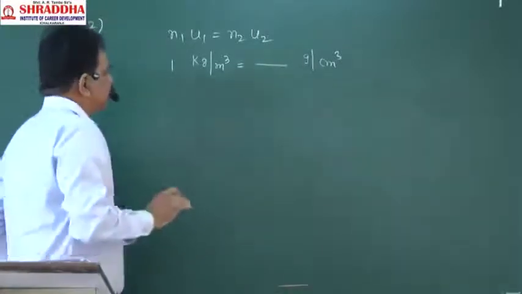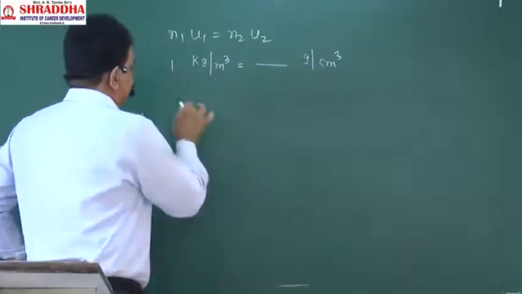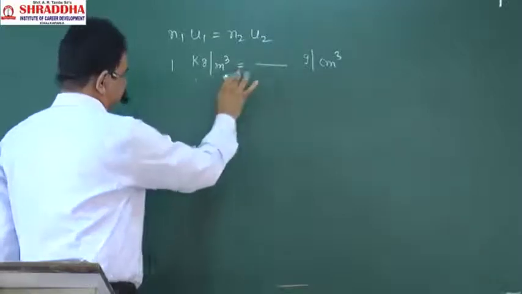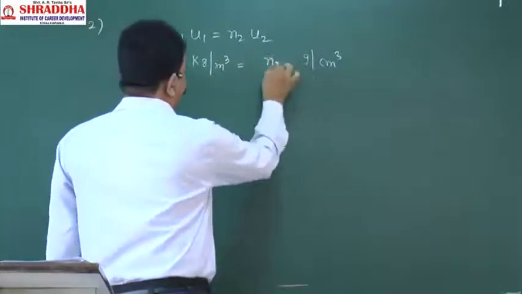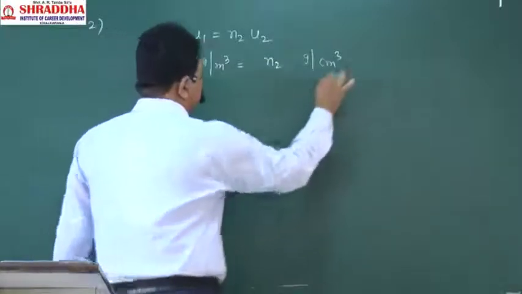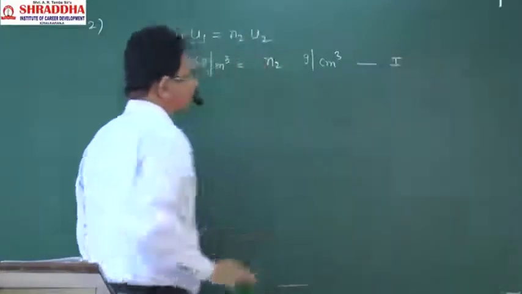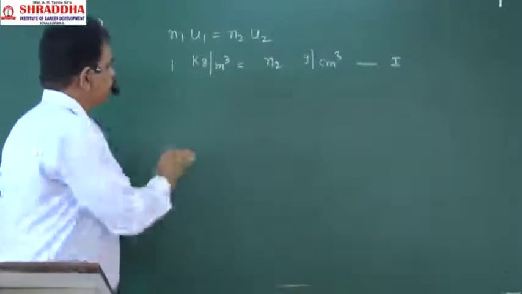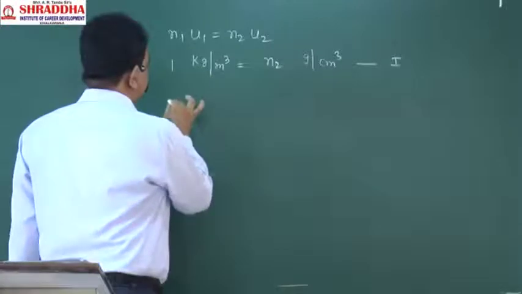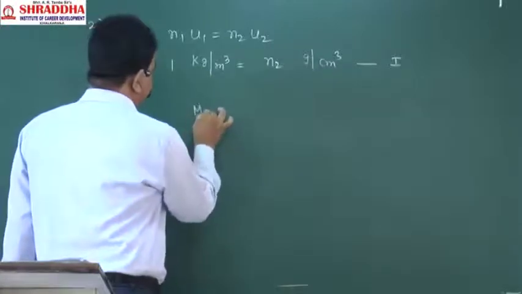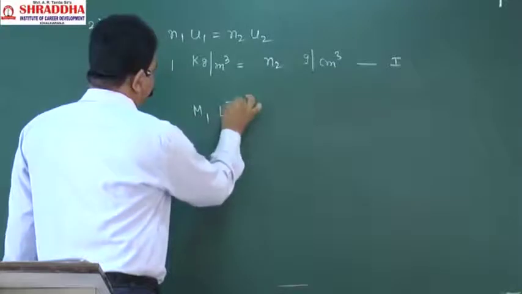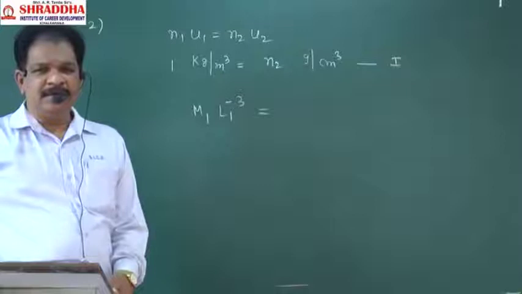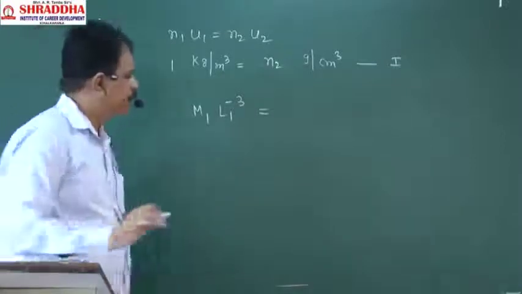Here, write the dimensions. N2 value you have to find. Write the dimensions for that. Density dimensional formula is M L power minus 3.